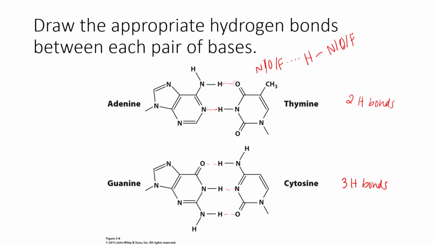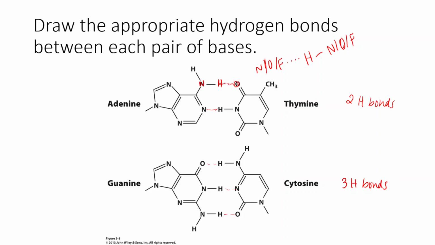What is the other rule for making a hydrogen bond? Yeah, it has to be linear, exactly. And that's exactly what we see in this hydrogen bonding between the bases, right? We have our hydrogen in the middle, it's covalently bonded to a nitrogen, and that makes this linear bond to an oxygen.